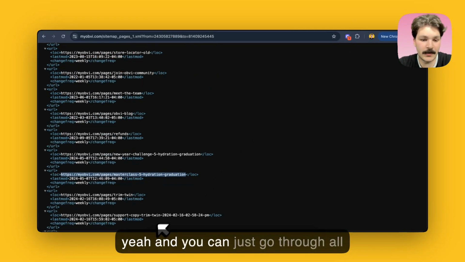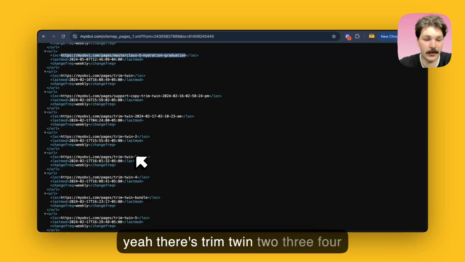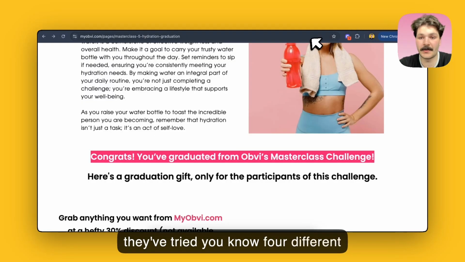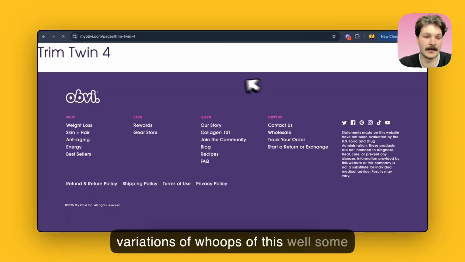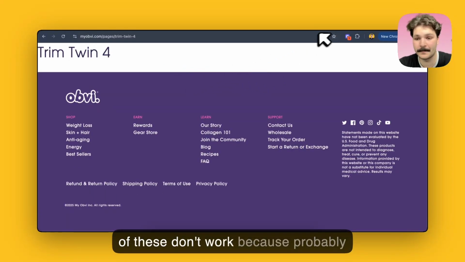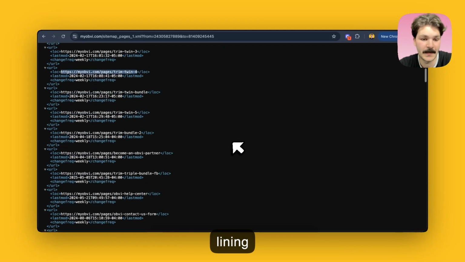You can go through all these pages. There's Trim Twin 2, 3, 4. They've tried 4 different variations of this. Some of these don't work because they probably tested and killed these landing pages.